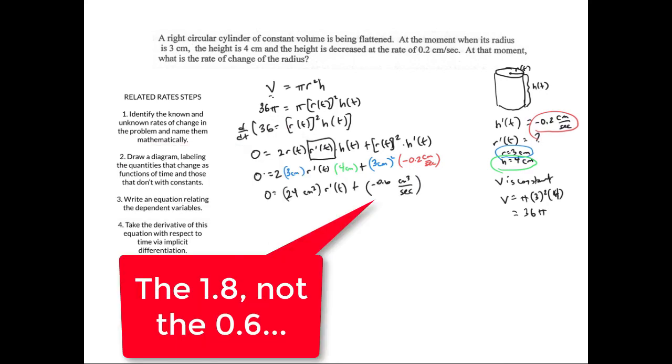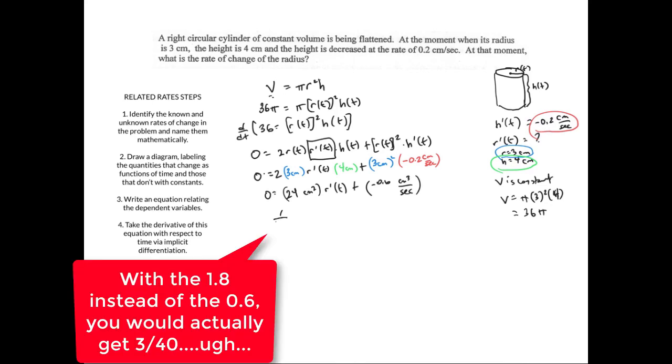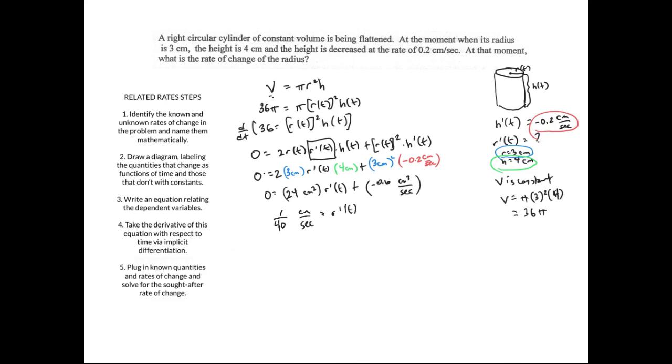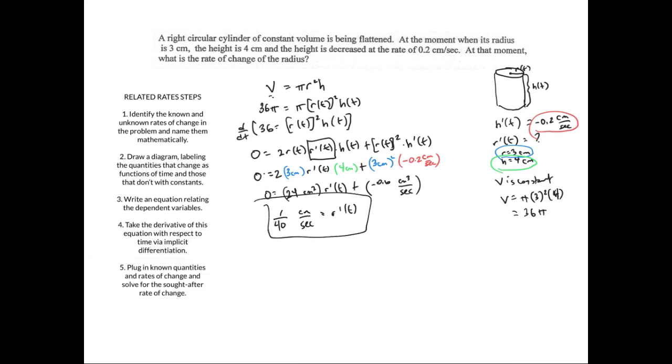So if I move the 0.6 to the other side and divide it by 24, if you did the math on that, I'm pretty sure you'd get 1/40. And the centimeters cubed per second divided by centimeters squared would give me centimeters per second. I'm just going to double check my math real quick, make sure that makes sense. That would be 6 divided by 240. Yep, 1/40. So that is what we were looking for.